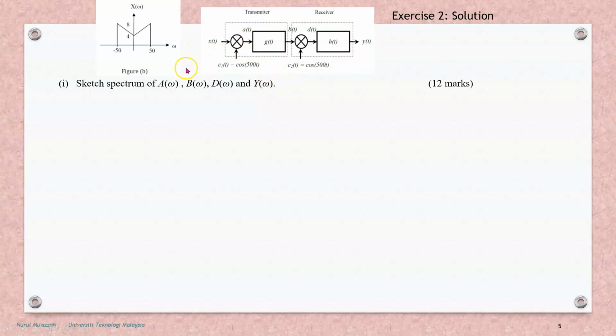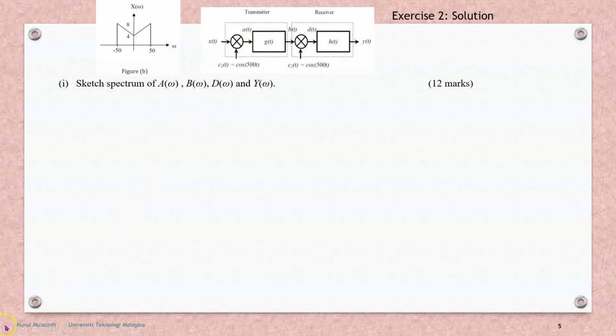A omega comes from the Fourier transform of at, which is the output signal from the modulation of xt with c1t. And B omega comes from bt. The Fourier transform of bt is B omega, which comes from the output of the low-pass filter.